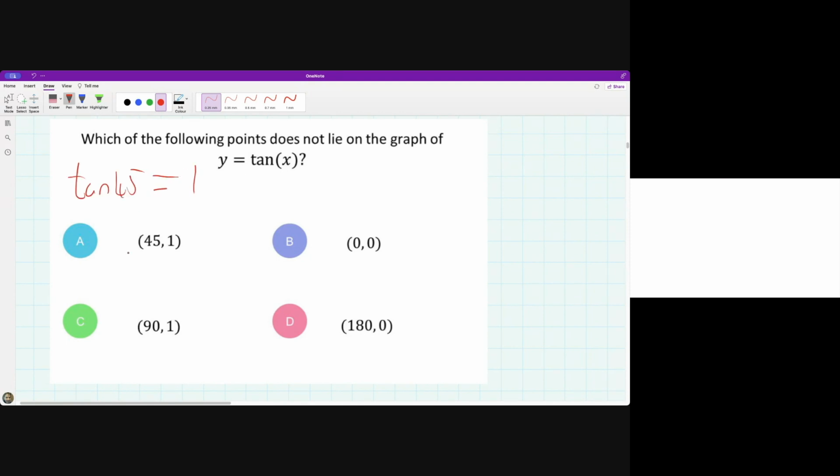It's equal to 1, so it can't be that. Tan of 0 is 0, so it can't be that. The tan of 180, let me check. The tan of 180 is equal to 0, so the correct answer must be C.